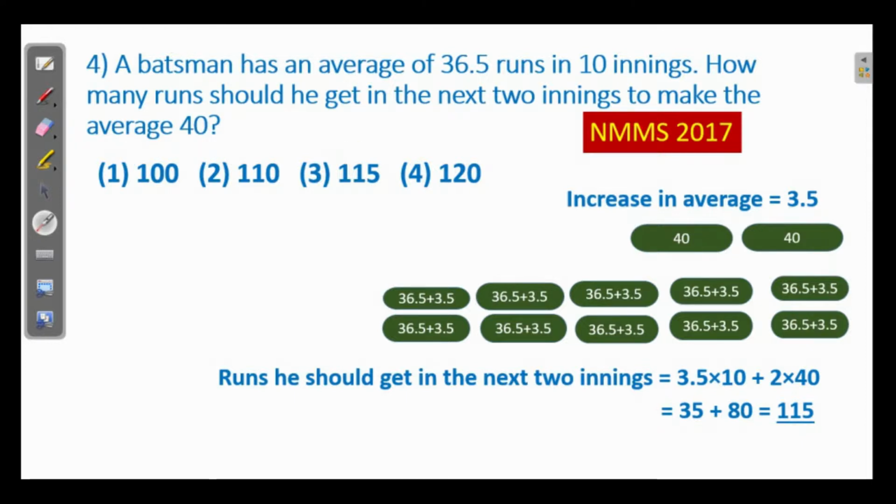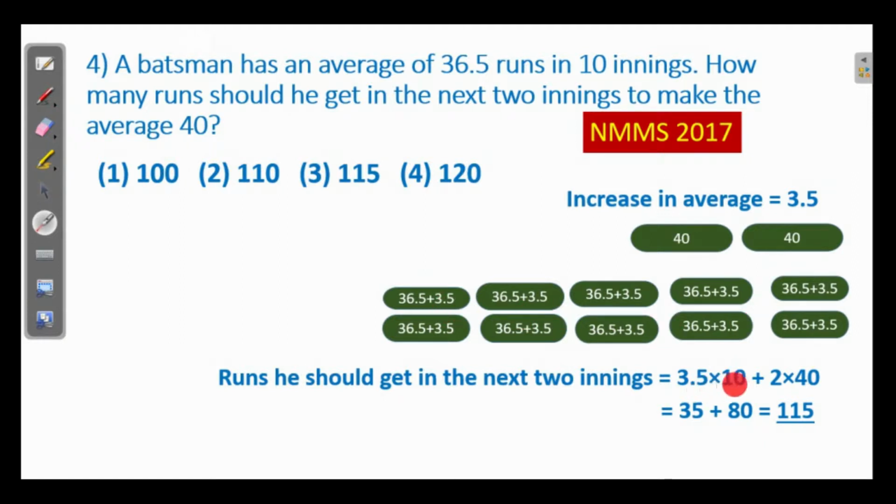So, by making all the items, all the terms equal, we can find the average. That is, the last 2 items 40, 40, take it so, and all the items, in all the 10 items, there is an increase of 3.5. So, that is why 36.5 plus 3.5 is equal to 40. So, there must be an increase of 3.5 in all the items.